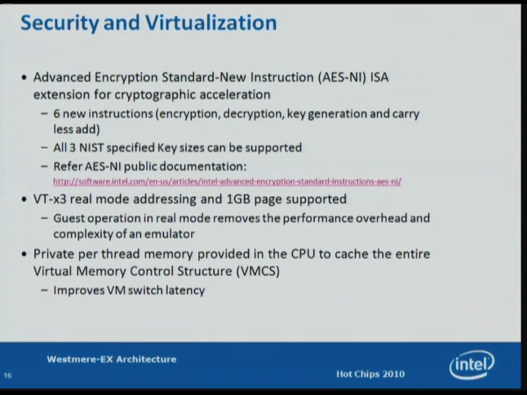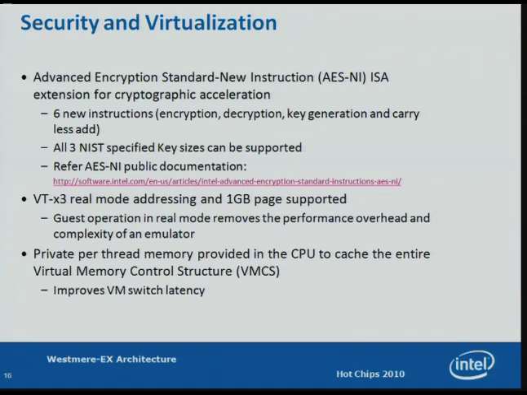We have a data structure called the virtual memory control structure, and with this structure we provide private memory and private cache on a per thread basis. So your entire virtual memory control structure can be cached there, and it lends itself to improved VM switch latencies, right?